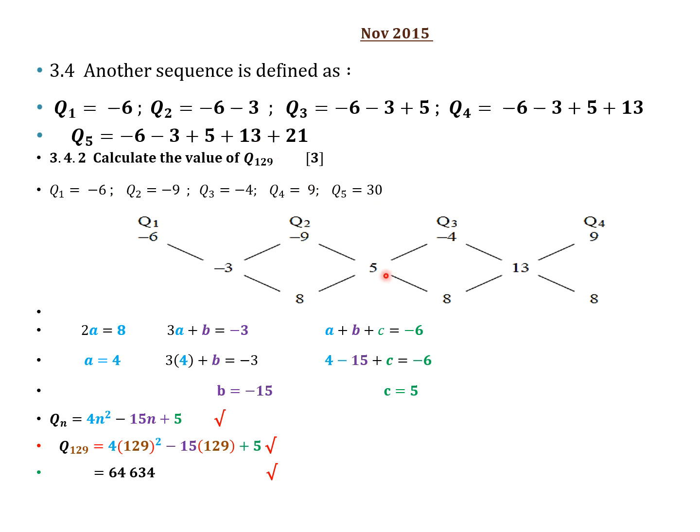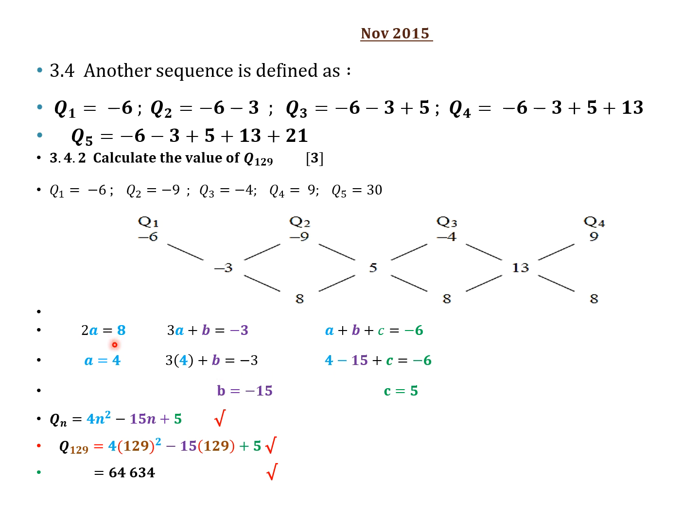So the terms are -6, -9, -4, 9, 30. The first differences: -9 minus -6 gives me -3, -4 minus -9 gives me 5, 9 minus -4 gives me 13, and 30 minus 9 gives me 21. The second differences: 5 minus -3 gives me 8, and 13 minus 5 gives me 8. So my constant second difference is 8.